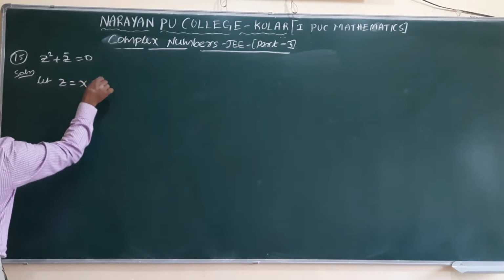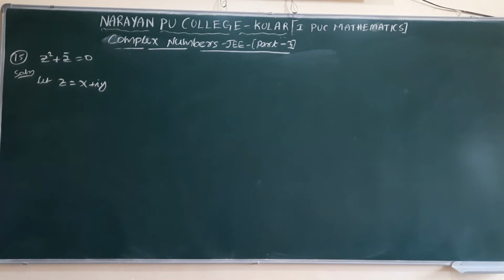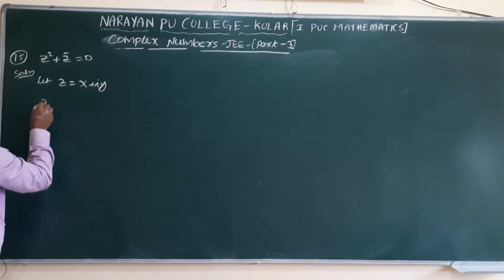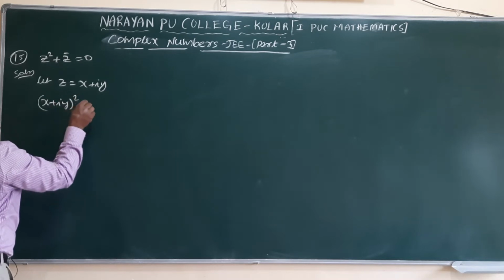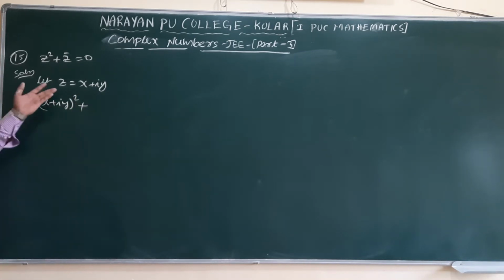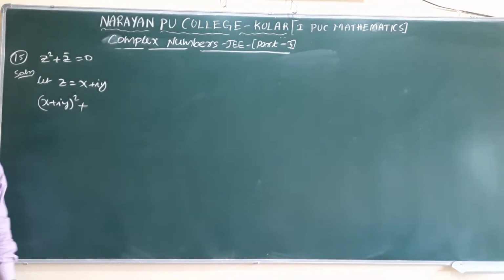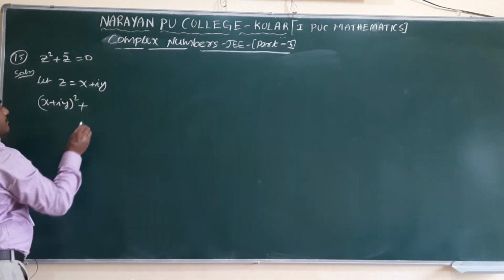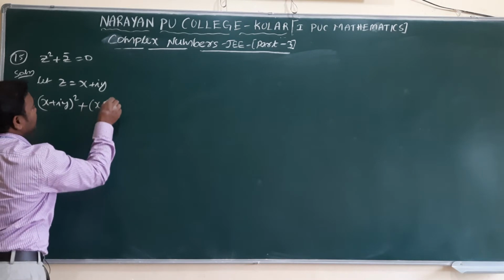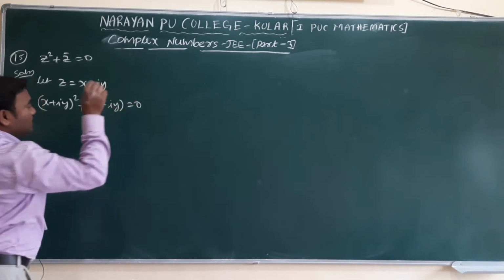So (x plus iy) whole square plus z bar, where z is x plus iy and the conjugate z bar is x minus iy, is equal to 0.